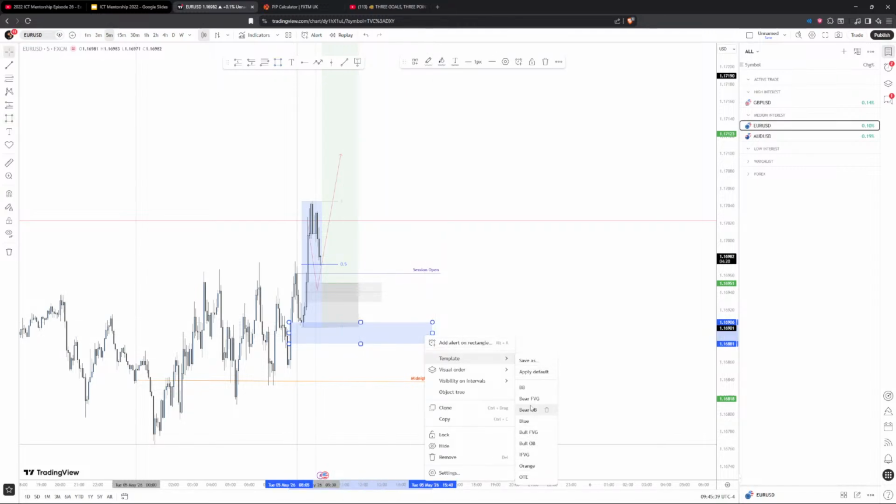I don't know if my original fair value might be... get rid of that. Clean this up.